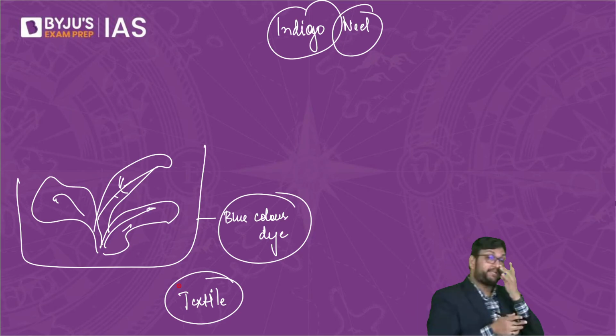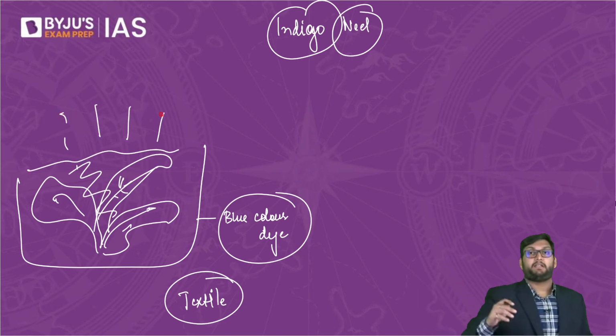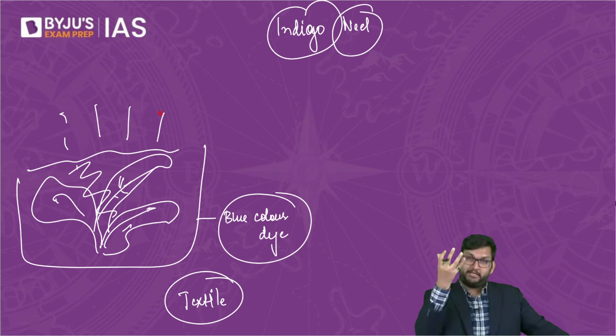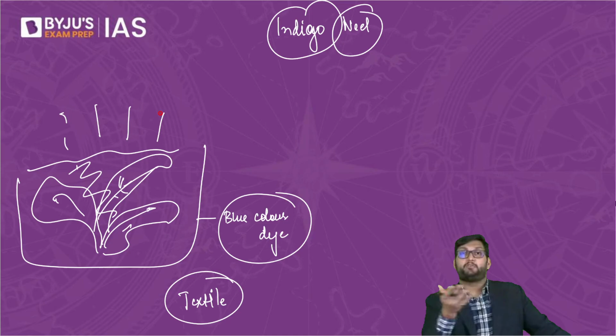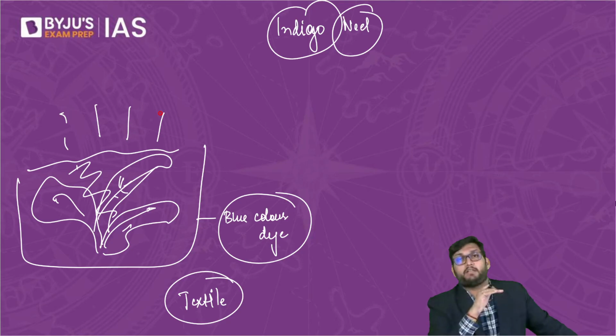Via the indigo. So indigo is boiled over, and what is left is called the blue dye. You boil it, remove the crop, then you dry the water. What you get is a powder, which is indigo. So indigo is a very important crop at this point of time, because blue color dye was in lot of demand because of the Industrial Revolution.